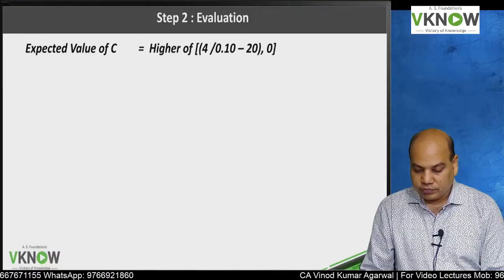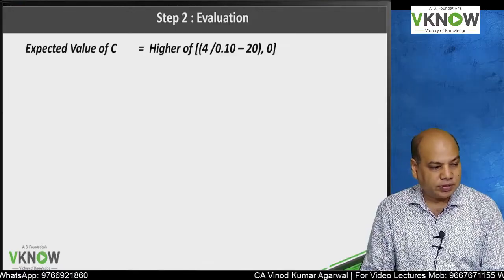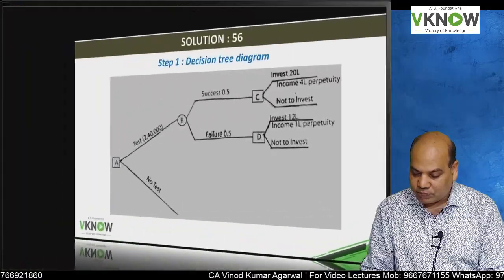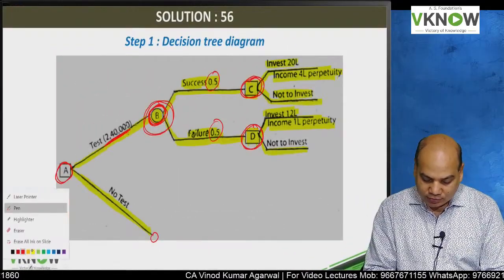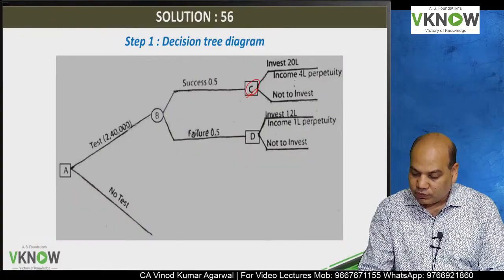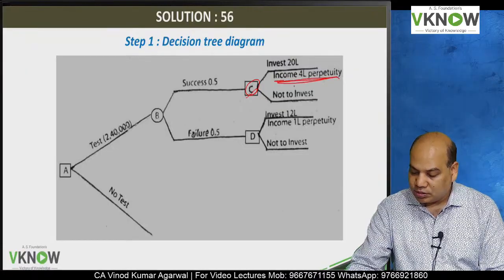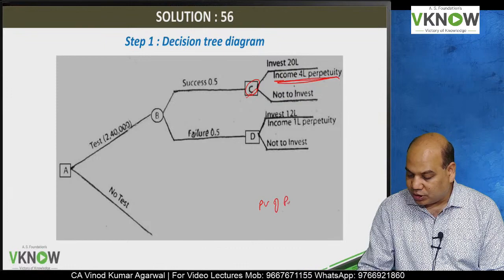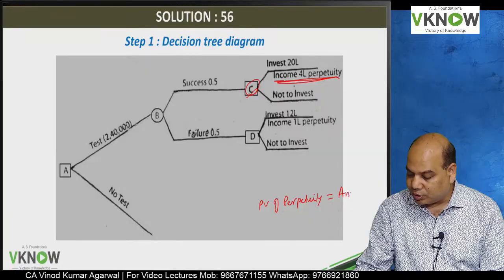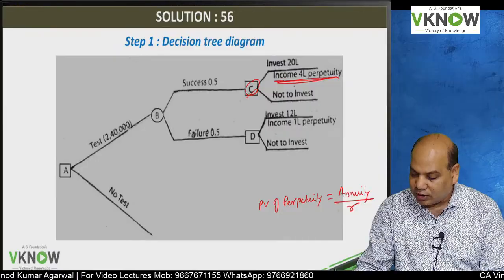Step 2 evaluation, expected value of C. Expected value of C is equal to higher of, now I'll explain again, I'll go to the previous diagram. We are at this point, we have to make a choice between to invest or not to invest. If I invest, I'll get 4 lakh per annum perpetually. The present value of perpetuity is equal to annuity upon R. Annuity here is 4 lakh.